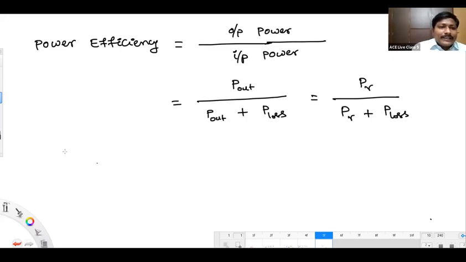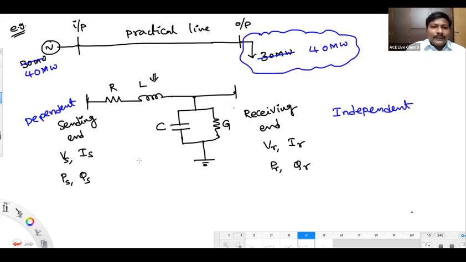What is the power loss equation? You have two losses in this system. Just observe this diagram.